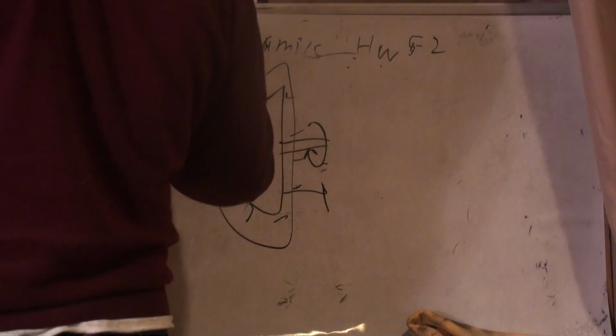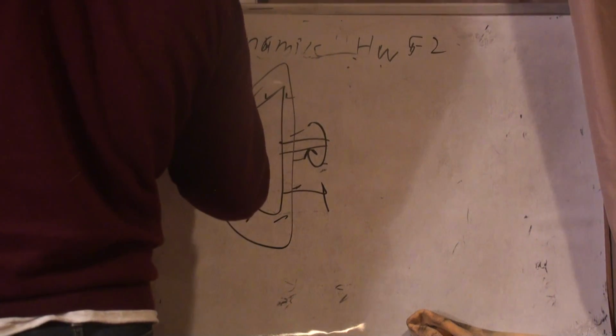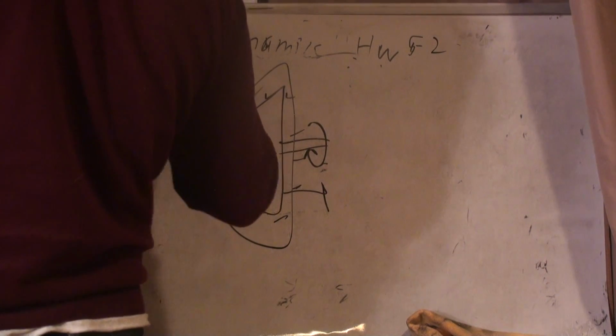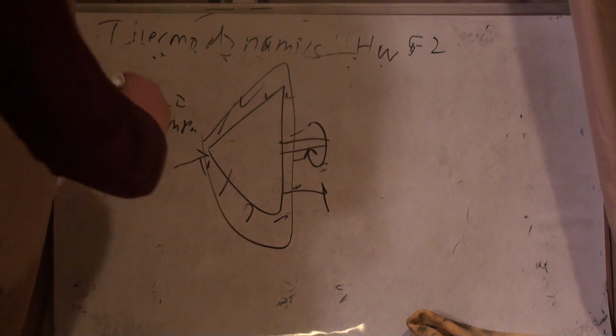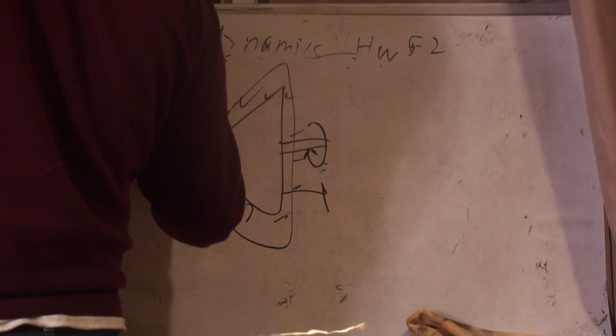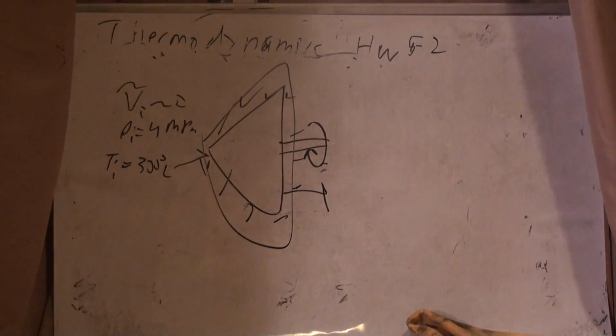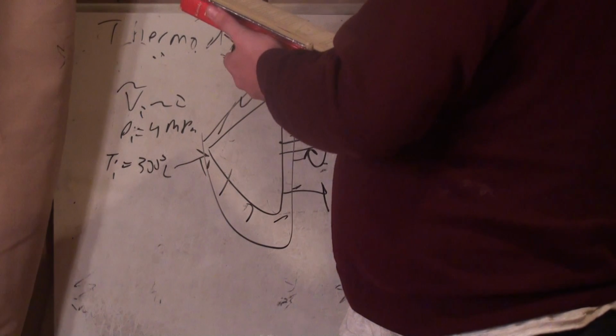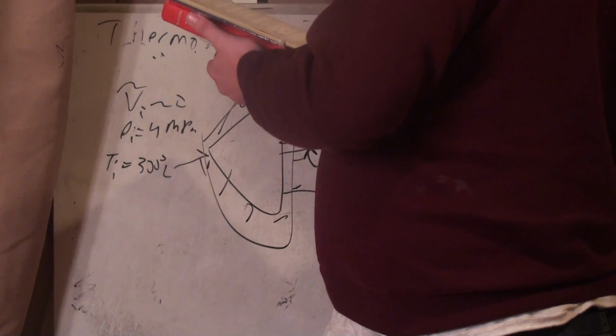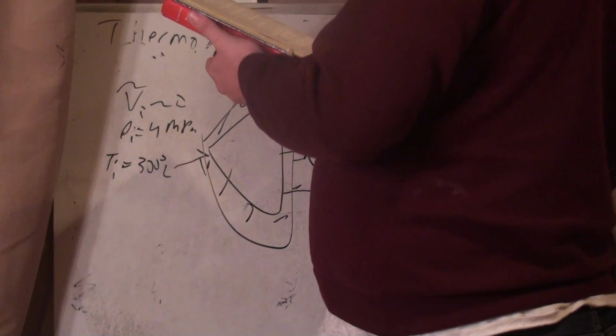P in is equal to 4 MPa. T in is approximately 300 degrees Celsius. The air expands to an exit pressure of 100 kPa, P exit.